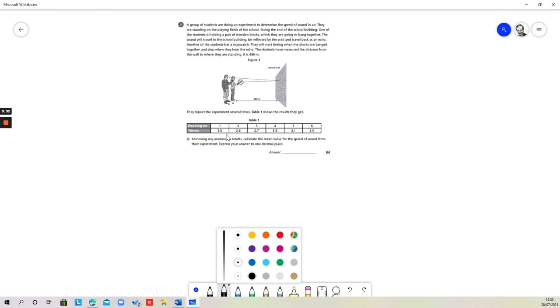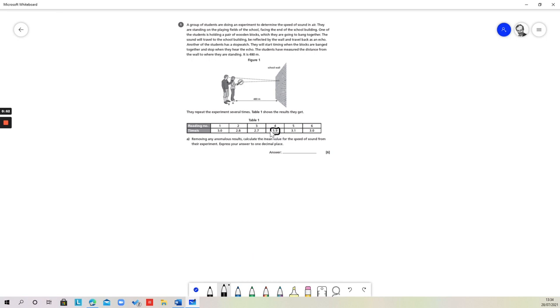Well, let's have a look at the time intervals. We've got 3.0, 2.8, 2.7, 5.9, 3.1, 3.0, and it should be fairly easy to see that all of those are reasonably close. There's a good degree of similarity apart from that one there, the 5.9.